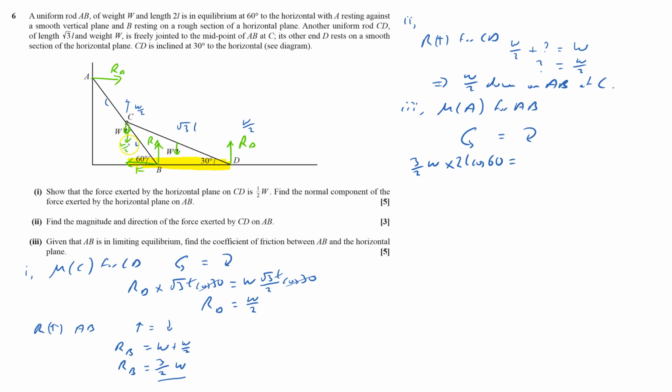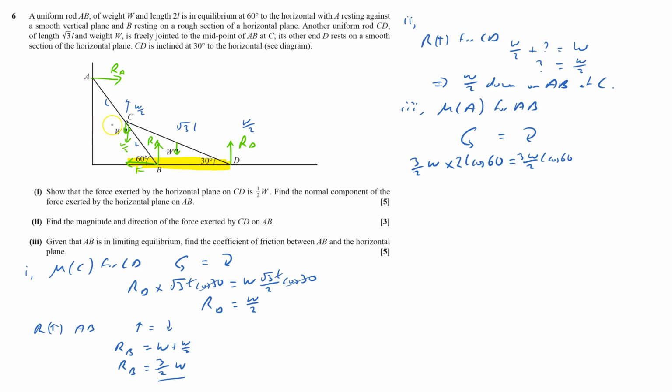There's no other force going anti-clockwise. The forces going clockwise have got to equal this force here, which is W plus W over 2, so that's 3W over 2 times L cos 60. That was a 2L cos 60 before because it's the whole length; this bit is acting in the middle here.